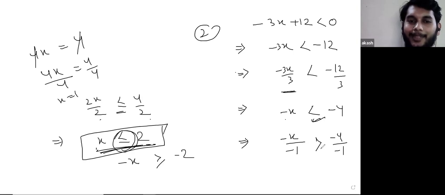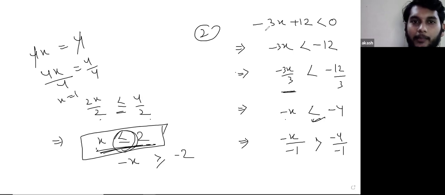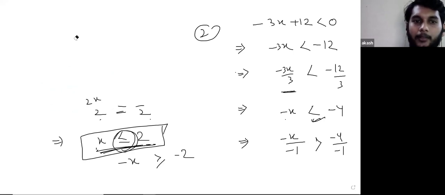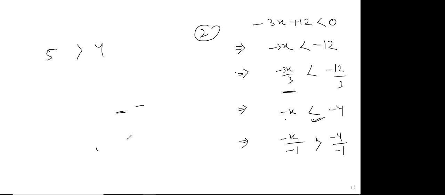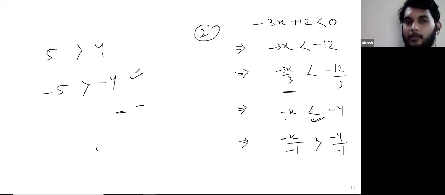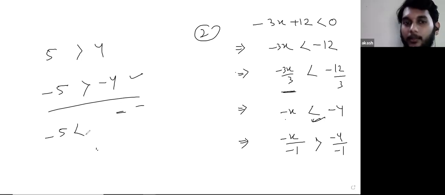No, not clear. How did the sign get changed? All right, let me tell you why this happens. 5 is greater than 4. This is true or not? Yes. So if I write -5 is greater than -4, this must be true also. But is this true? No, because -5 is less than -4.